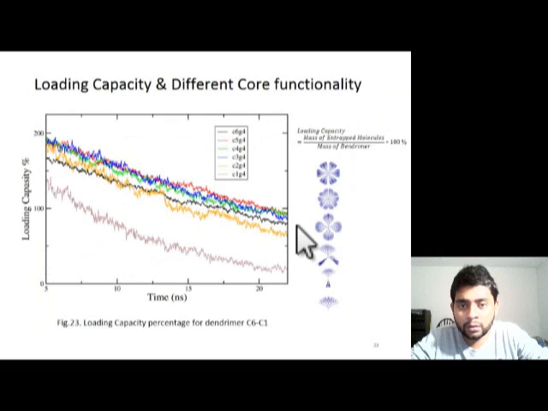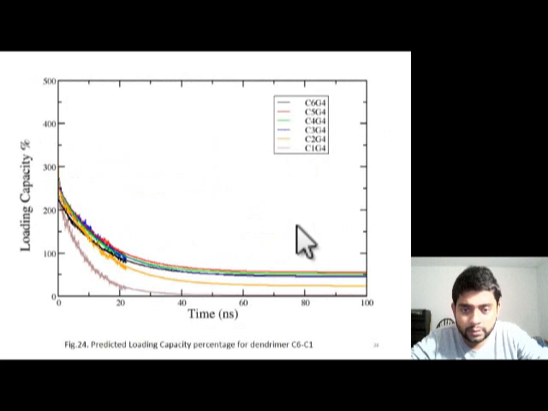This is our loading capacity over different co-coordination. We plot loading capacity values versus time for different co-coordination. You can see here in red this C5 dendrimer has the highest ability to capture the molecule, and that means highest loading capacity. This is our predicted value for 100 nanoseconds.